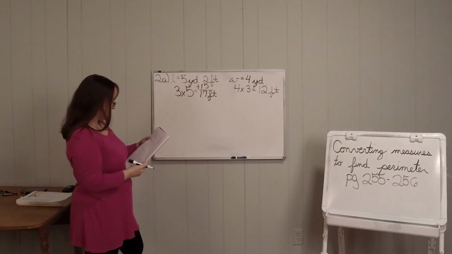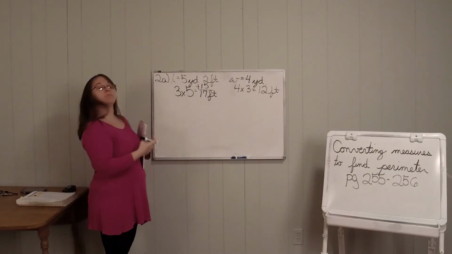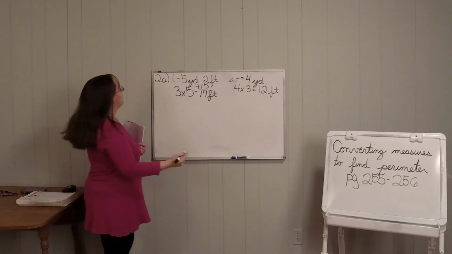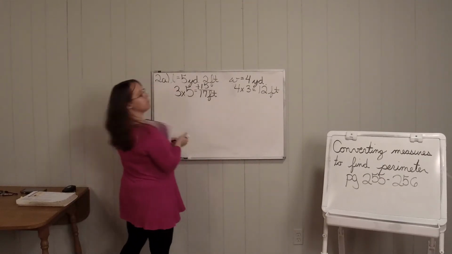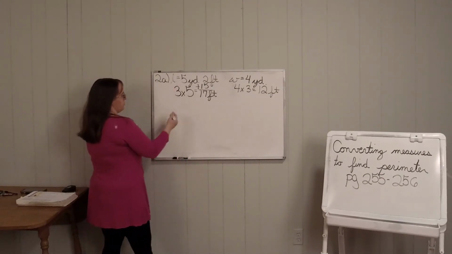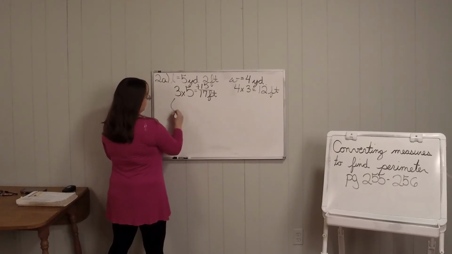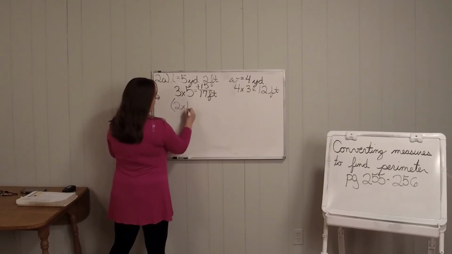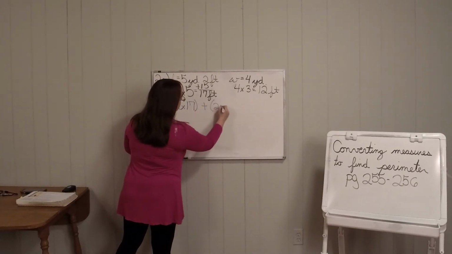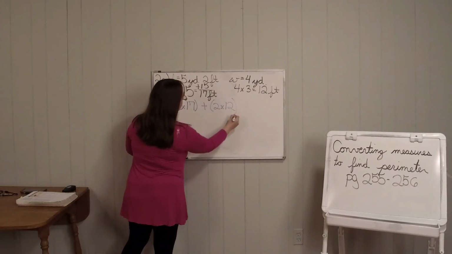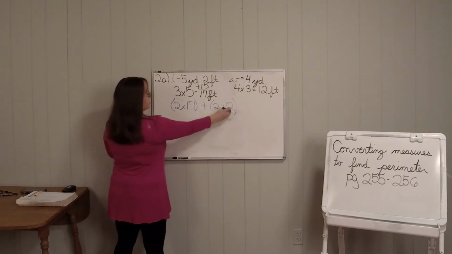Okay. So then, take your perimeter equation. It's 2 times 17 plus 2 times 12, because that's your length and that's your width.